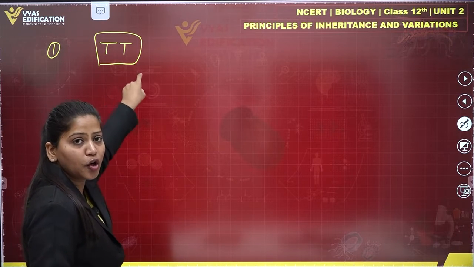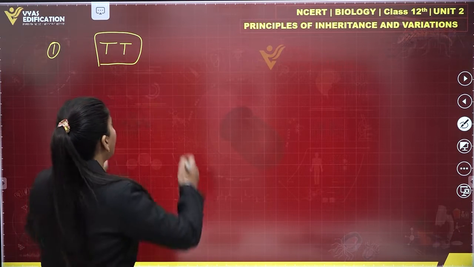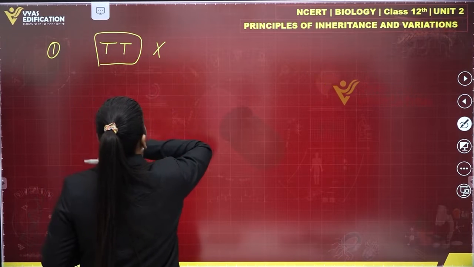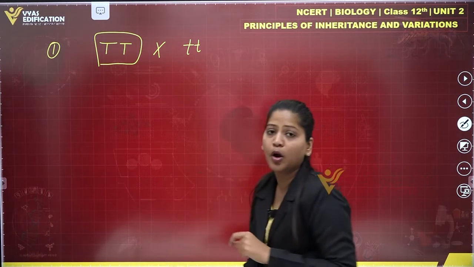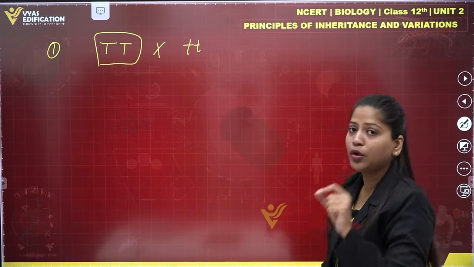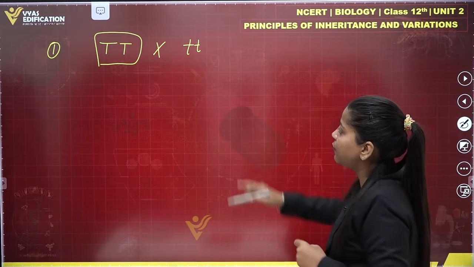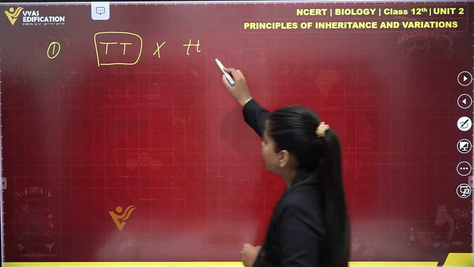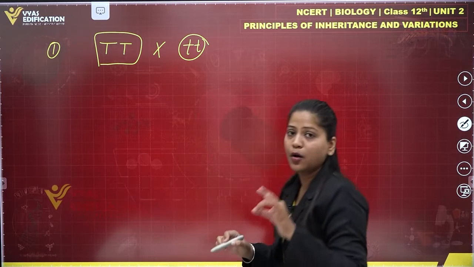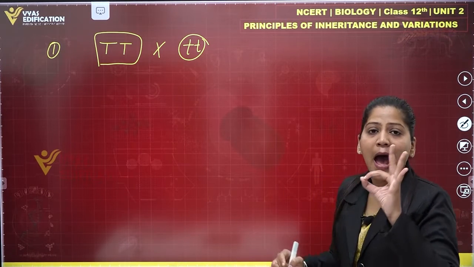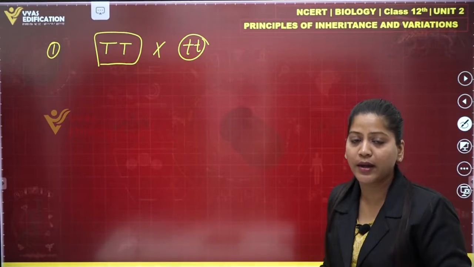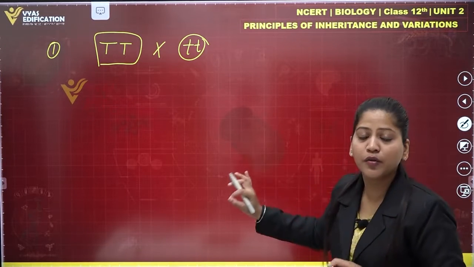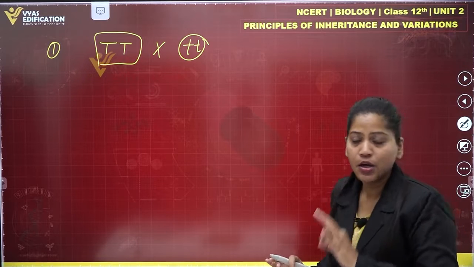To test the genotype, we will mate this organism with small t, the homozygous recessive parent. In a test cross, which is an experiment to determine the genotype of an organism, the homozygous recessive parent is always used.